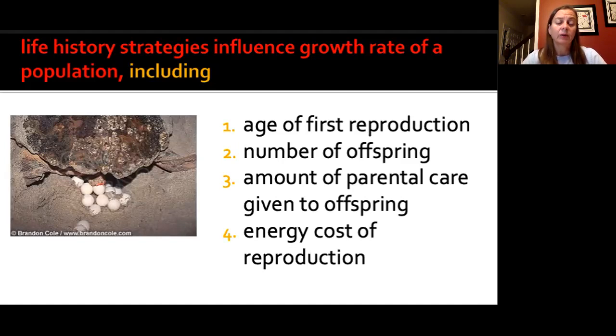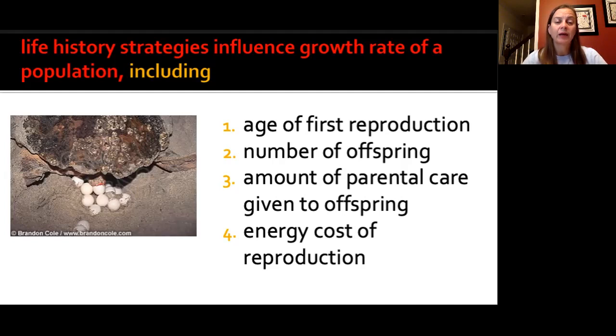Obviously, if an organism is young at its age of first reproduction, it's going to be able to have more litters or more young during its lifespan, which means that species is going to have a higher growth rate. A high number of offspring is also going to increase the growth rate of a population.